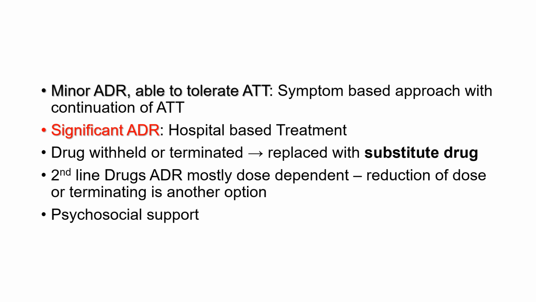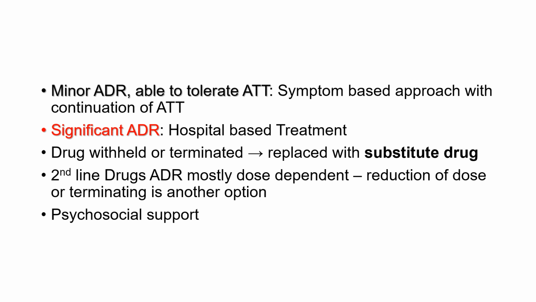In those cases, drug is either withheld or terminated and replaced with a substitute drug, and second-line drugs' adverse drug reactions are mostly dose dependent. So, first we try with reduction of dose. If the reduction of dose doesn't work, we may try with terminating the drug and replacing it with a substitute drug.